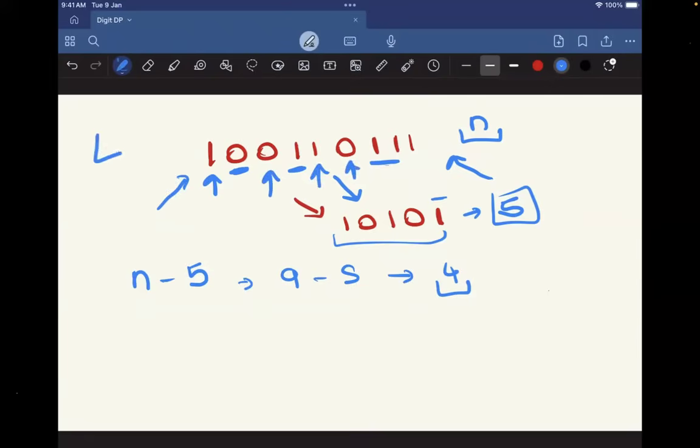Isn't it 4? How is it 5, guys? It is 4, right? Yes. So do you agree that the score of this array currently is same as the score of this array, which is basically 5 minus 1, which is 4? Yes or no, guys?